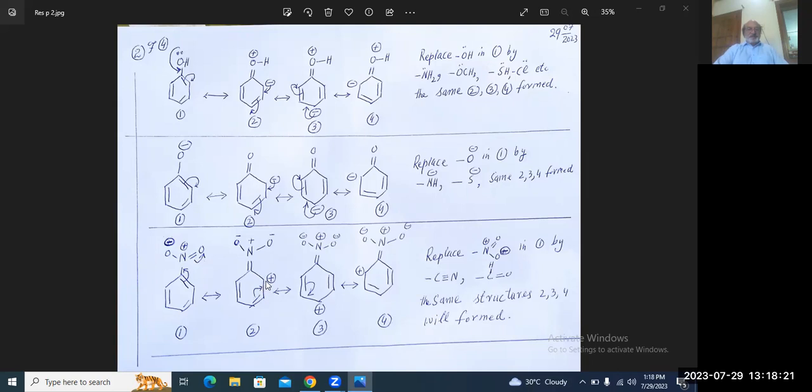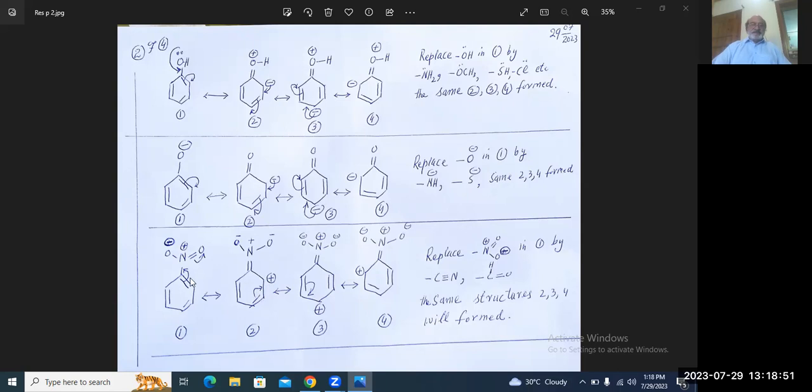Unlike the previous cases, we would get a positive charge, or deficiency of electrons, at this position. And to cover the deficiency, the electrons will come here and we will get positive here, and then from here to here, then positive here.